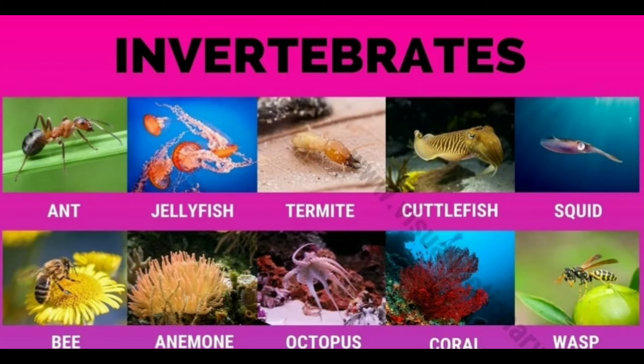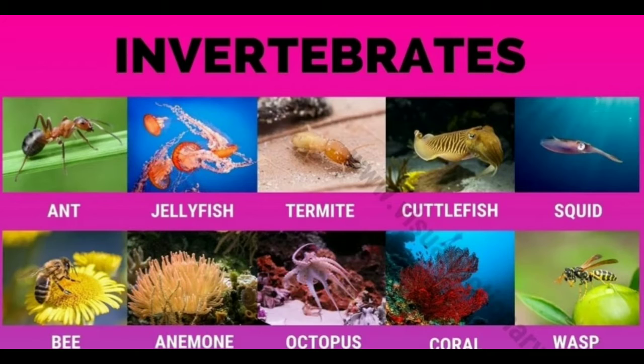Then jellyfish, those are invertebrates. Invertebrates mean they haven't any backbone. Jellyfish haven't a backbone, and termites haven't a backbone also. Cuttlefish haven't a backbone also. Squid haven't a backbone also.